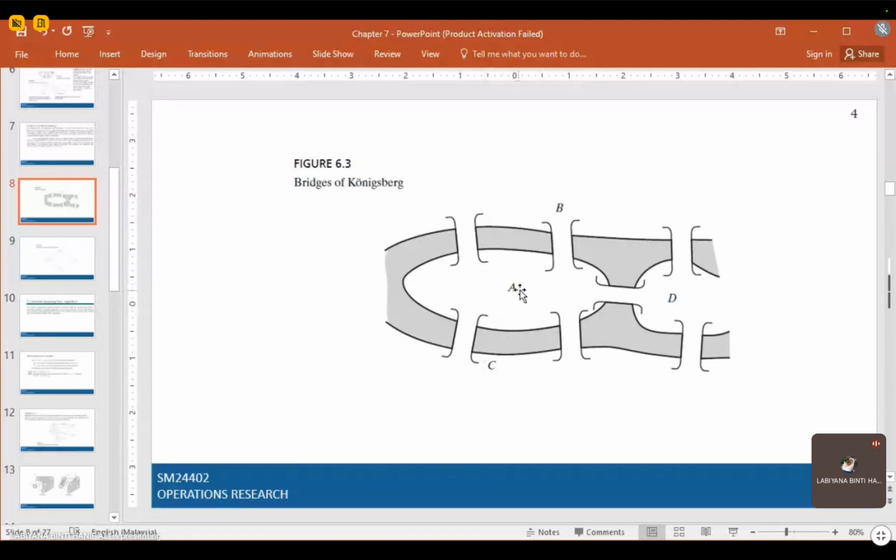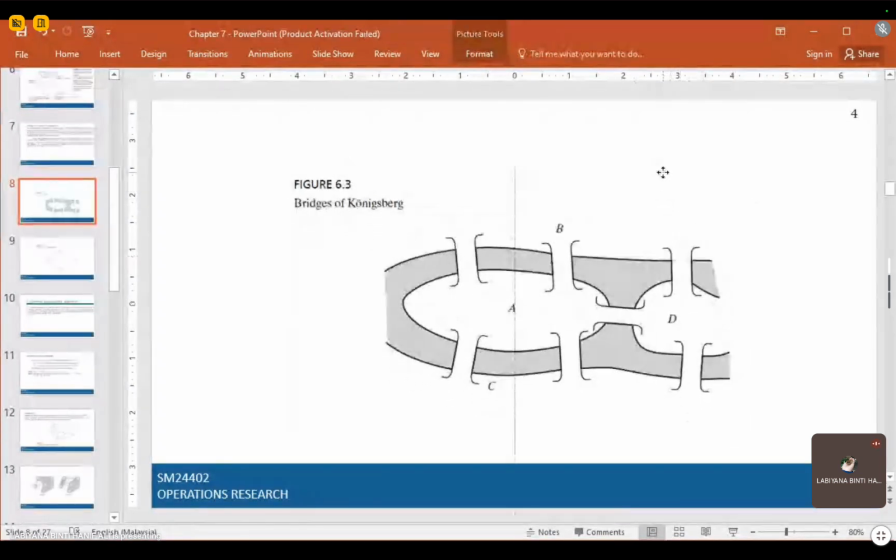And from A to D, they can go straight using this bridge. The last one is section D. From D, they can go to B from this bridge. And they can go to C by using this bridge. D to C.